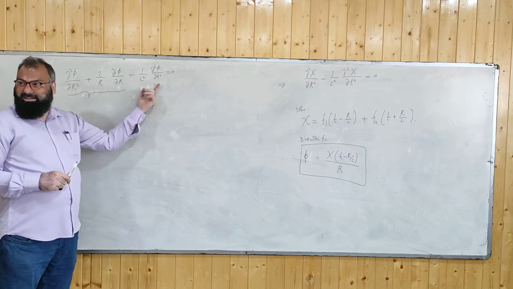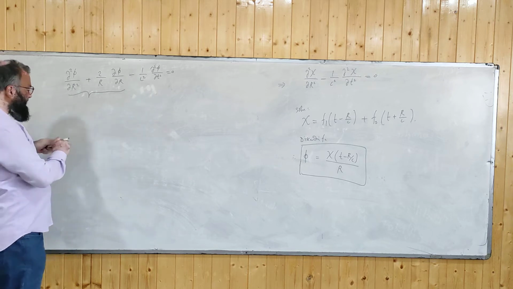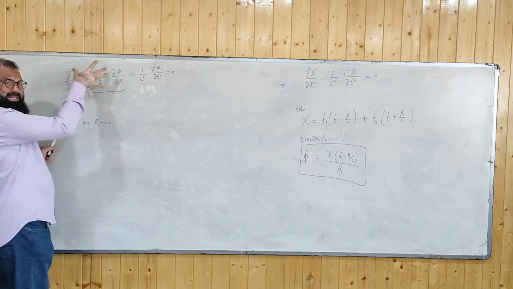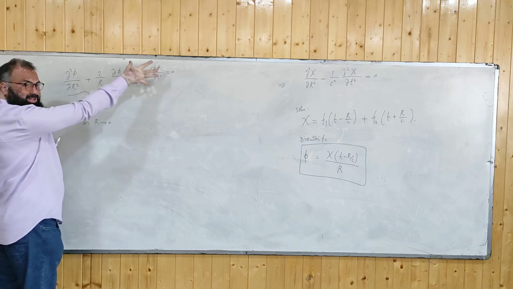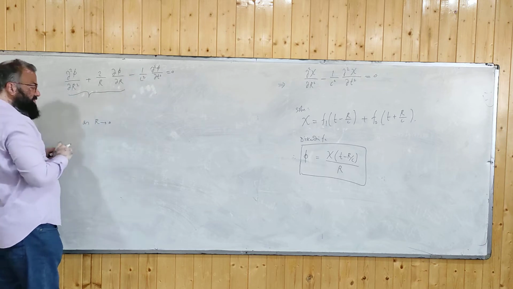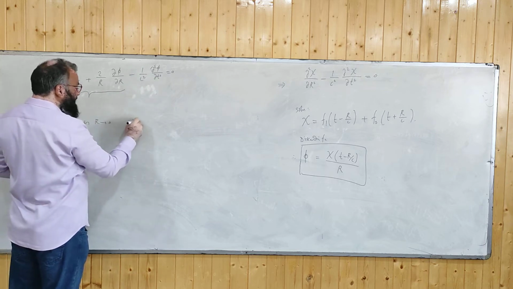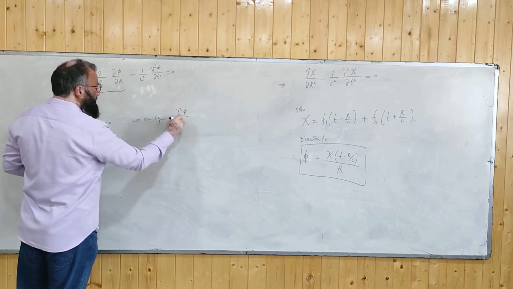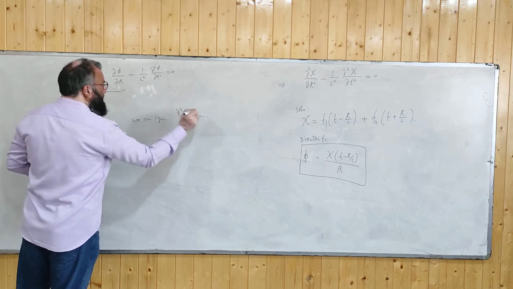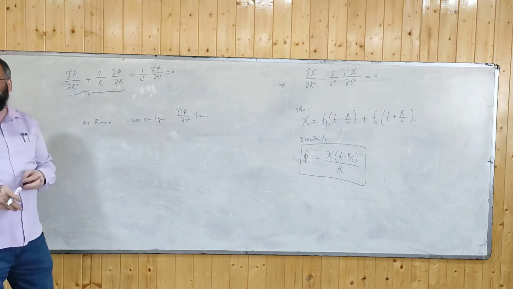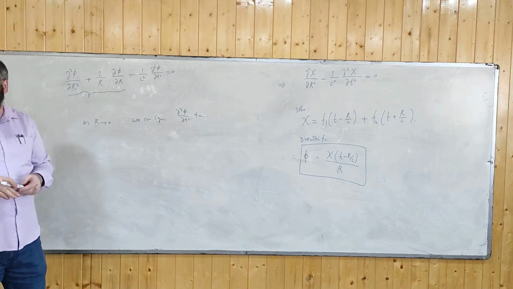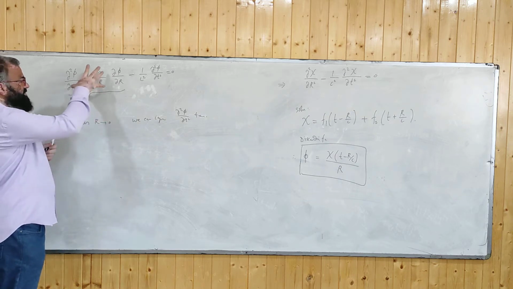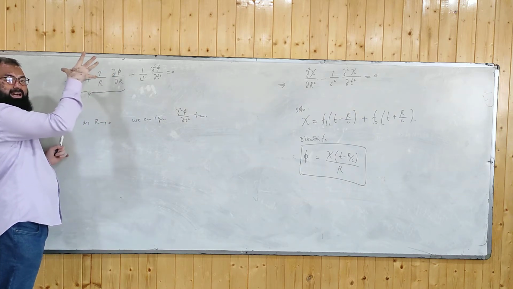So as r tends to 0, the magnitude of these terms is larger than the magnitude of this term. In that case, we can ignore this partial 2 phi by partial t2. You got my point?